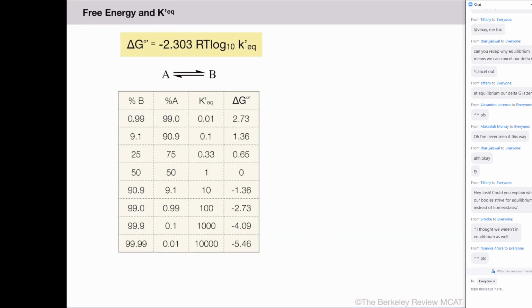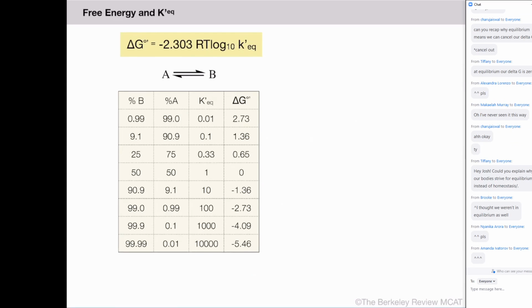Someone says equilibrium instead of homeostasis. What do you mean by instead of homeostasis? All reactions in the world are moving towards equilibrium, so anytime you make a change, it's going to adjust to shift back into equilibrium.